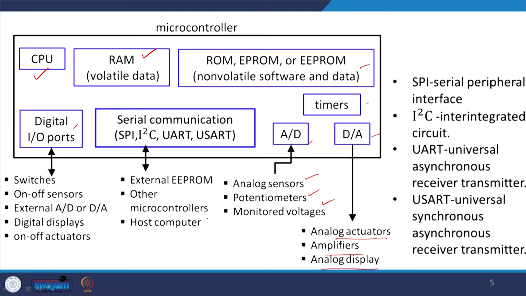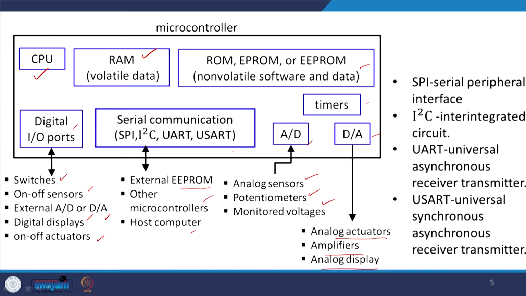And the serial communication here is for external EEPROM or other microcontroller or host computer, and the digital input output ports are used for switches, on off sensors, external analog to digital or digital to analog converter, digital display as well as on off actuators.